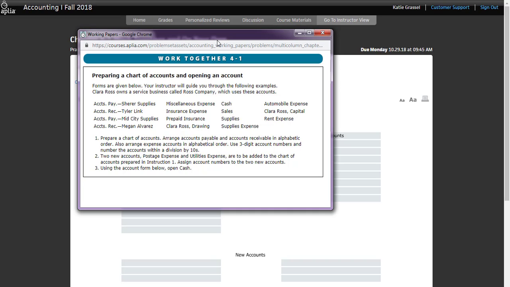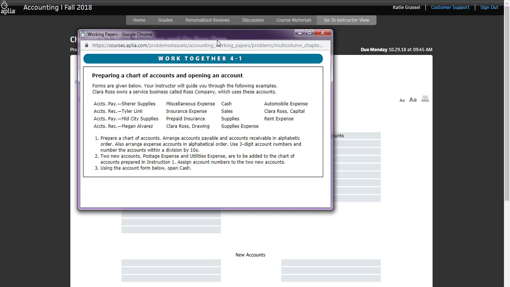Now here's the thing. When we're creating our chart of accounts, we don't know. Maybe 10 years from now, there's going to be another type of account we need to add. So right now, they told us we're using a 3-digit account number, so all of our numbers are going to be in the hundreds. And then they told us to put in our accounts by divisions of 10. So if I started my first account at 100, that really locks me in, and I don't have any opportunity to add something else possibly before it.